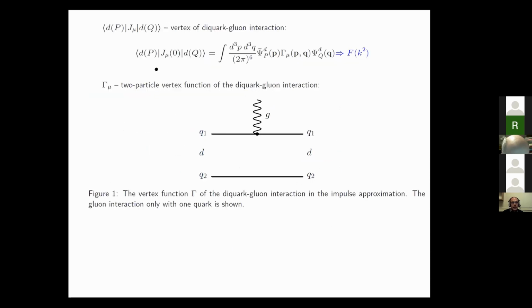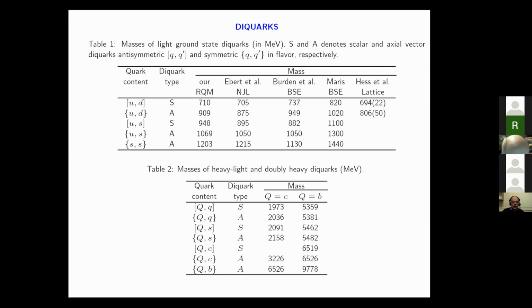And this vertex in the quasipotential approach can be calculated through the overlap of the diquark wave functions. Here gamma is a two-particle vertex function. On this figure it is shown in the impulse approximation. And as a result, a form factor of the diquark appears in the calculations.